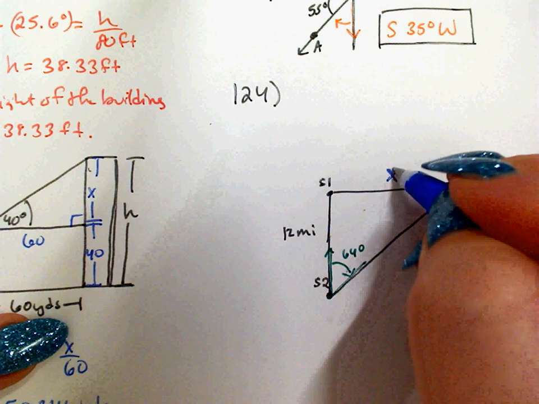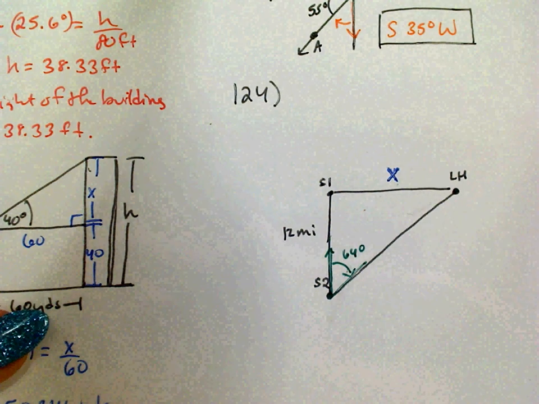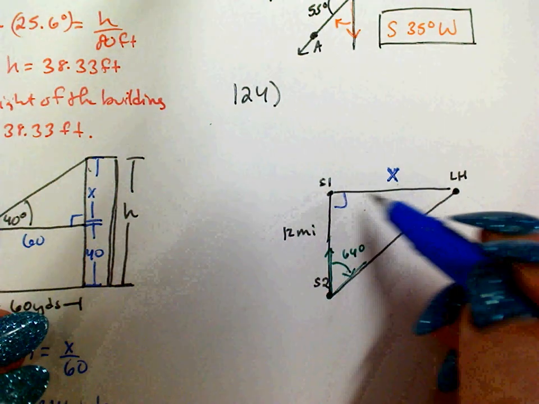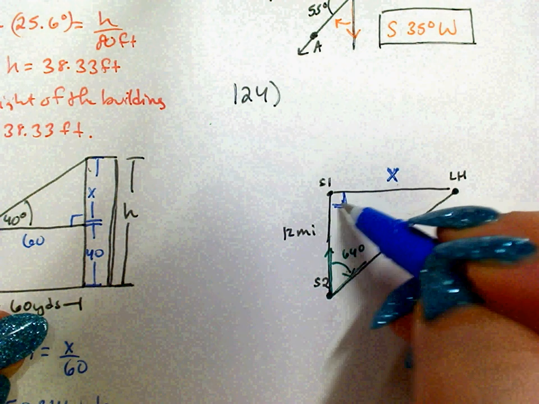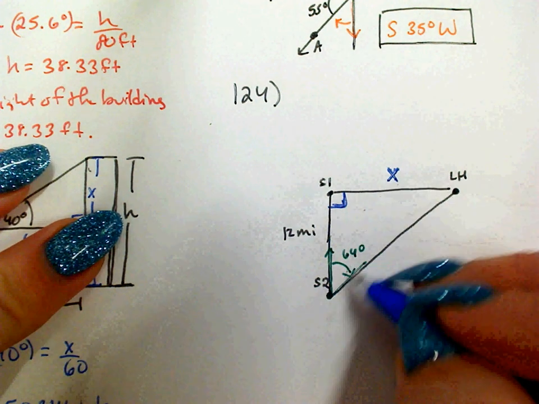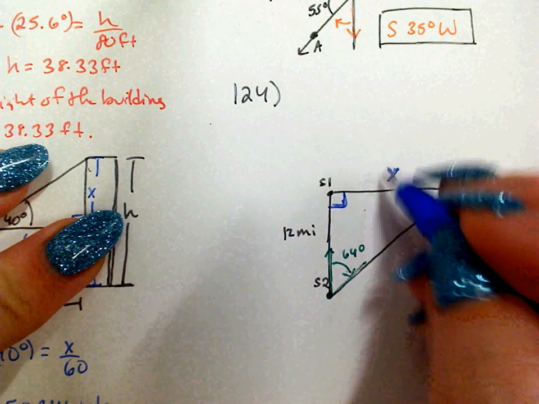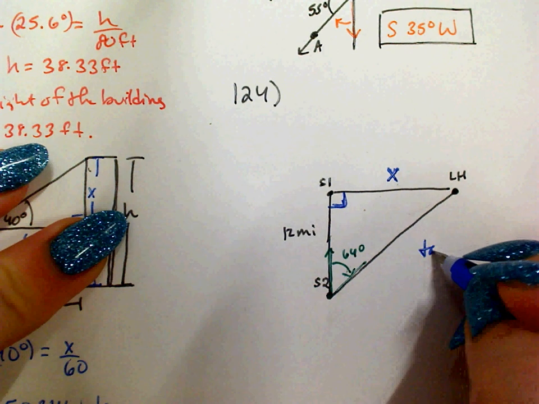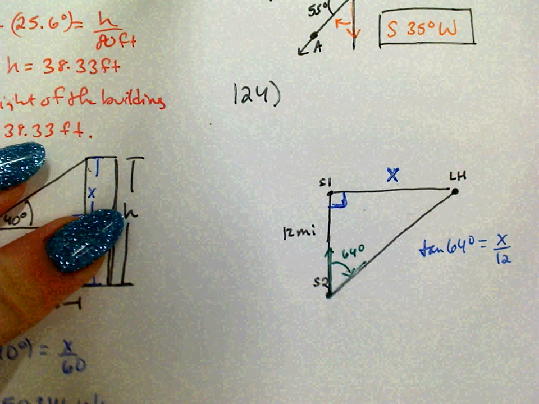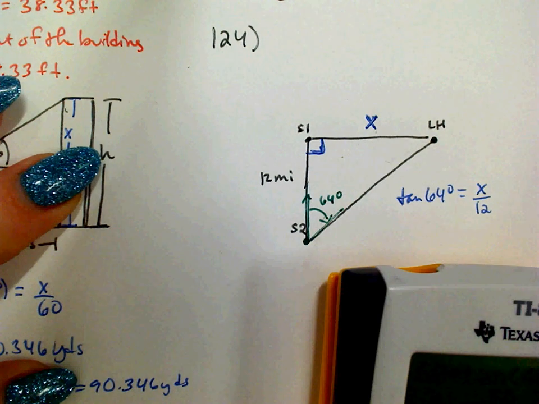So what I know is, in this right triangle, because this is due east and then this is directly south, that's a 90-degree angle, I know the angle is 64 degrees, I know the adjacent side, and I'm trying to find the opposite, so I'm going to use tangent. So tangent of 64 degrees equals x over 12. I'm going to multiply by 12. So 12 times tangent of 64.